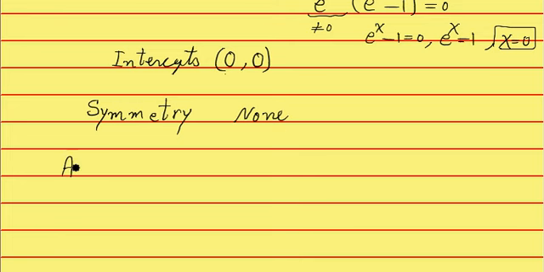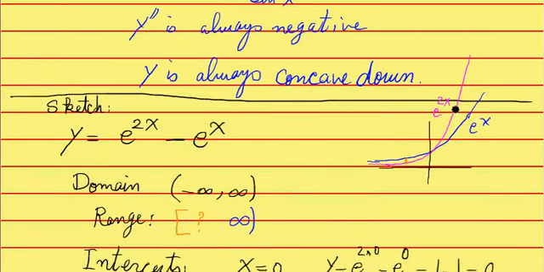How about the asymptotes? Well, let's again go back to exponential of x and exponential of 2x. What we notice is that when x goes to minus infinity, both of these two functions go towards 0. So the difference obviously also goes to 0. And that tells us that since the two functions originally had a common asymptote, that is inherited by their difference.